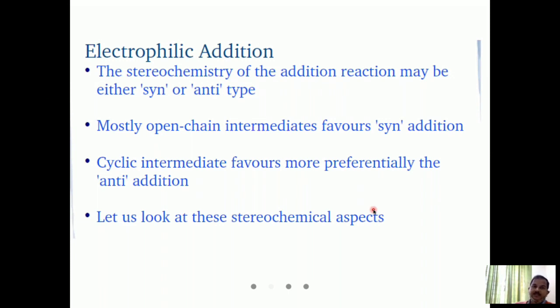Now this addition can take place either syn or anti. Mostly an open chain intermediate favors syn addition, but a cyclic intermediate more preferentially favors anti addition.